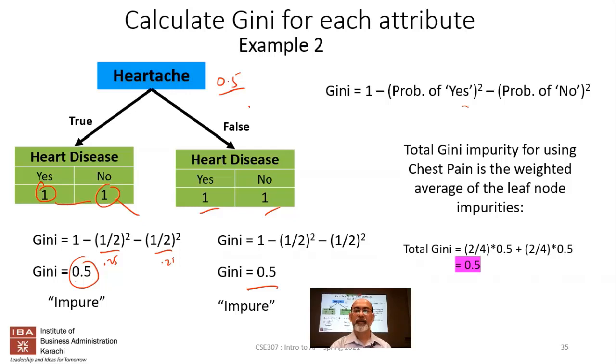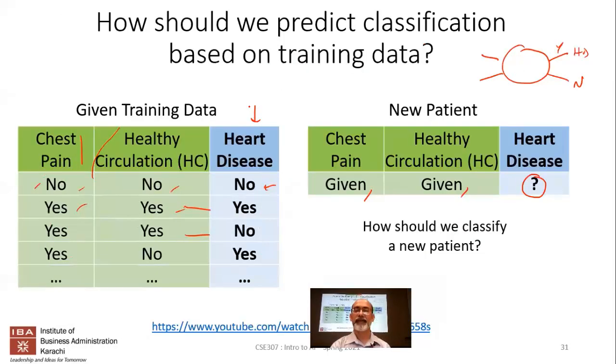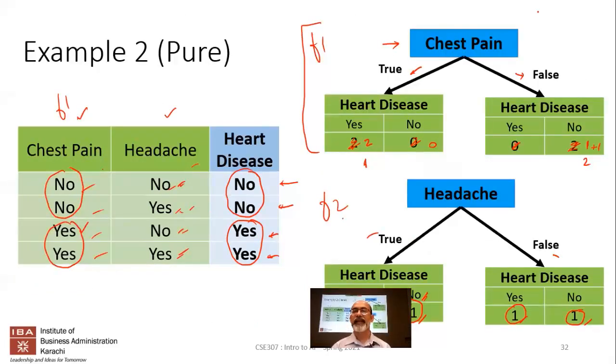So basically, if you look at both of these cases, this has a Gini score of 0 and this has a Gini score of 0.5. So which one is better? Clearly, chest pain is better. Whichever has the lower Gini score is going to be at the top, higher than the other. So in this case, the first one is going to be at the root of the decision tree.